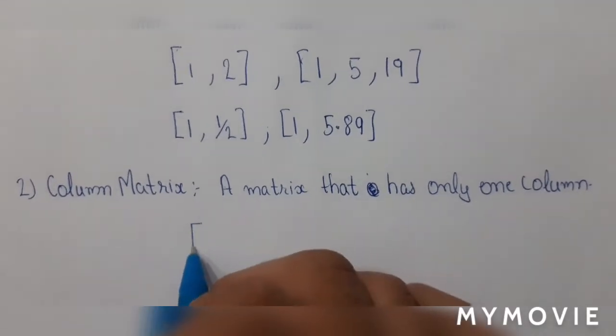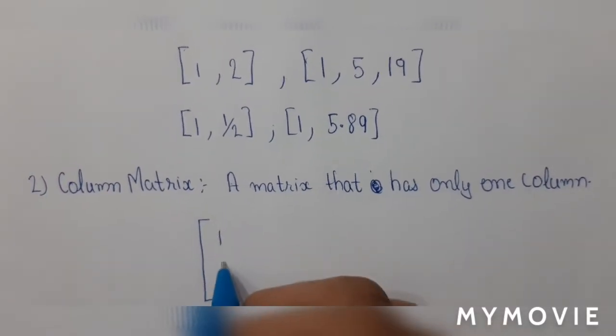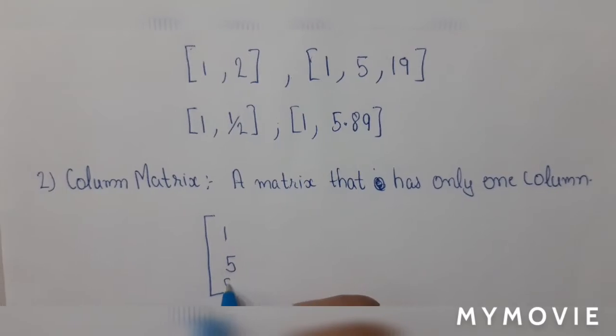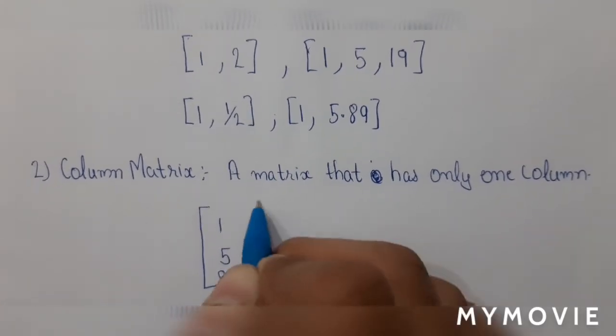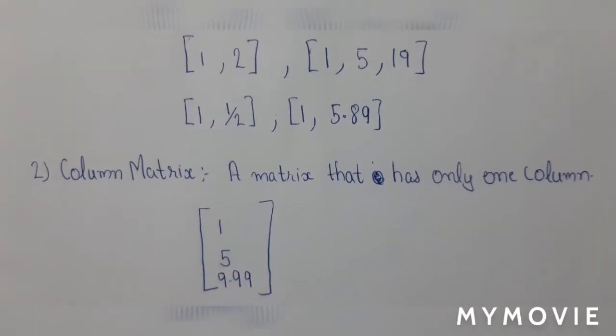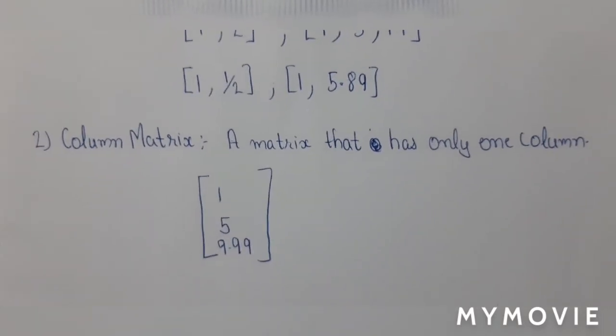So let's take an example: 1 comma 5 comma 9.99. So this is an example of a column matrix.